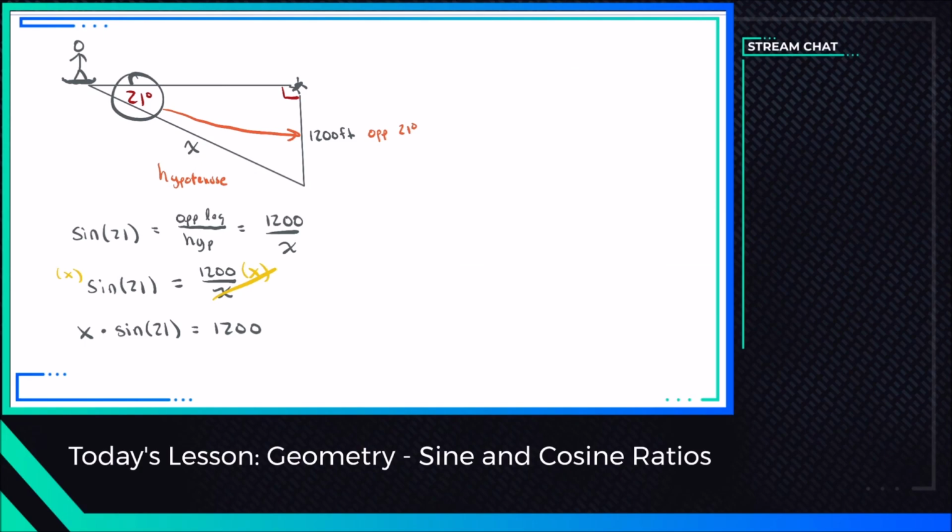And now to once again isolate x, we need to divide both sides by the sine of 21. Those sines of 21 are going to cancel, and this is going to be x is equal to 1200 divided by the sine of 21. And you can go to Google and type this in, and 1200 divided by the sine of 21 is approximately going to be equal to 3,348.5.